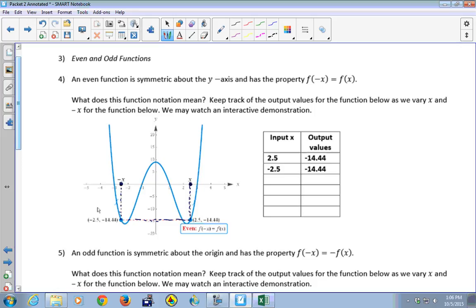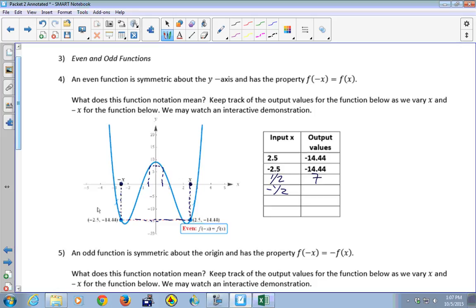And that works no matter what input I choose. If I put in a half, my y value looks like 7. I'm just making that up. If I put in a half, it looks like my output is about 7. Whereas if I put in negative 1/2, go up to the graph, same y value.